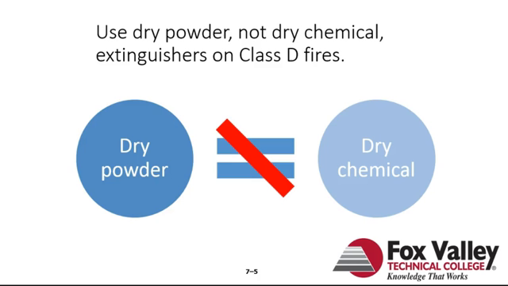If you put dry powder on a regular fire, most likely nothing's going to happen at all. It's not going to put out the fire, but it's certainly not going to make things worse. If you put dry chemical onto a metal fire that dry powder is designed for, well, you're going to end up having an explosion. So you do have to recognize that there is a very significant difference between the dry powder and the dry chemical.